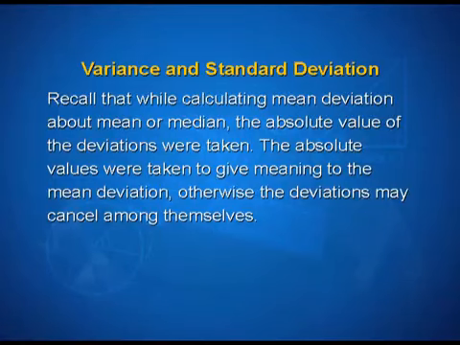Now, students, let us study variance and standard deviation. Recall that while calculating the mean deviation about the mean or median, the absolute values of the deviations were taken. The absolute values were taken to give meaning to the mean deviation, otherwise the deviations may cancel among themselves.